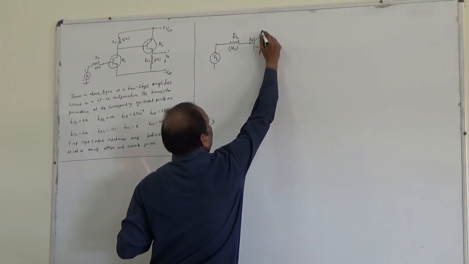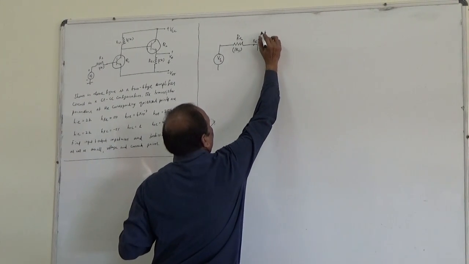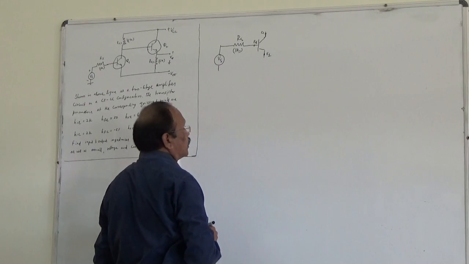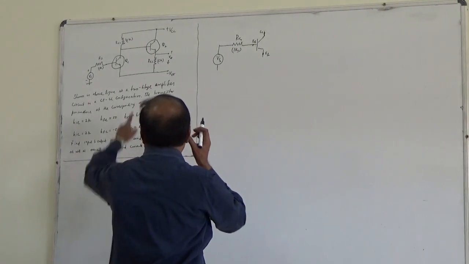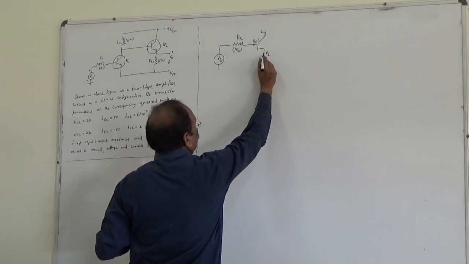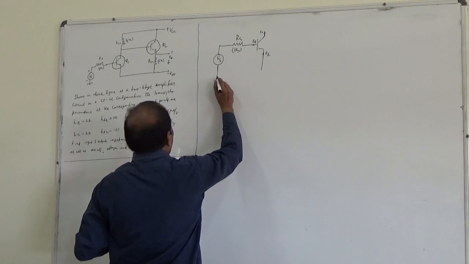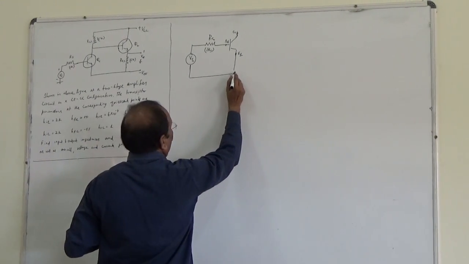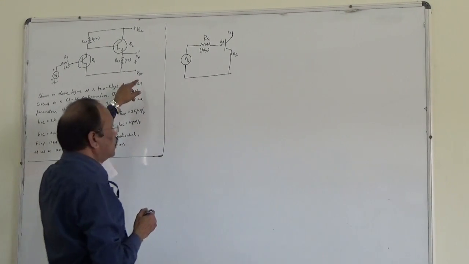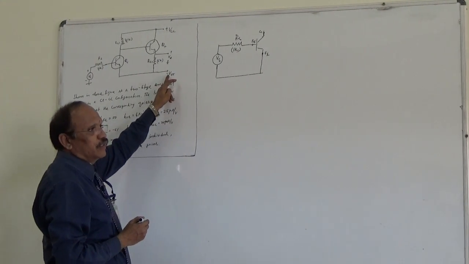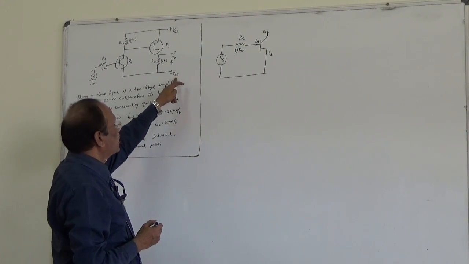We can represent it as B1, C1 and E1, with the emitter coming to the ground. For the equivalent circuit, we short circuit all the sources, so they become ground.